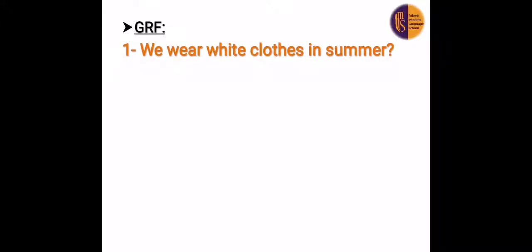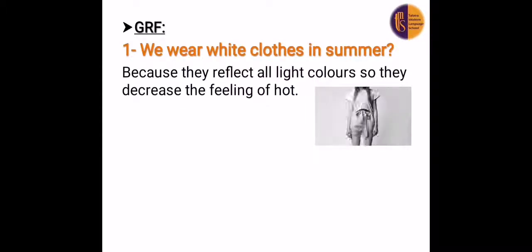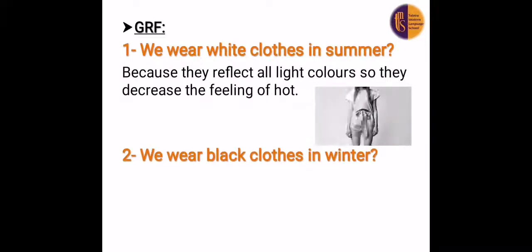Give a reason: we wear white clothes in summer. Why? Because they reflect all light colors, so they decrease the feeling of hot. But we wear black clothes in winter.